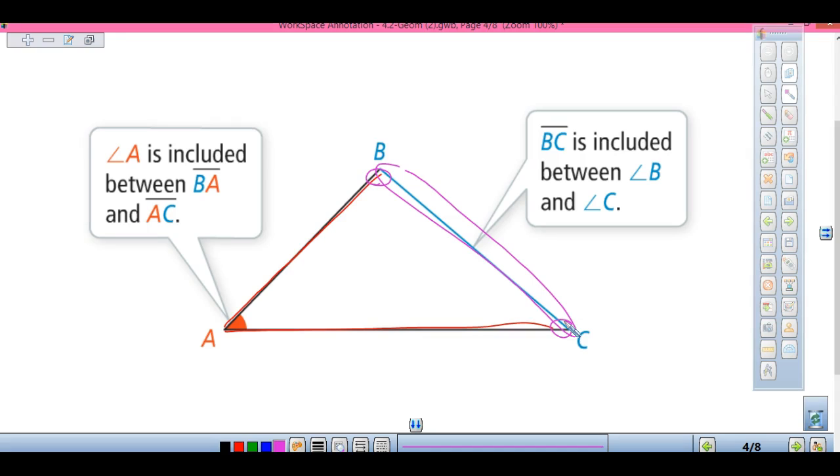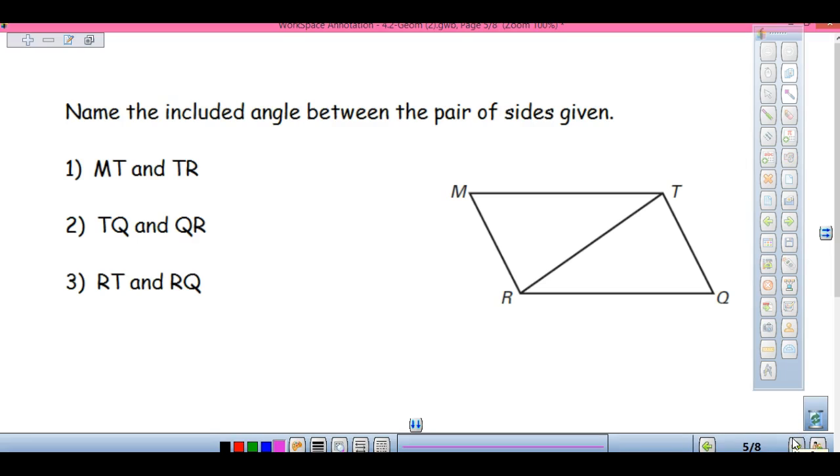So right now we're just talking about included sides or included angles. In this case the included side is BC, because it's between angle B and angle C. Okay, let's talk about this. We've got sides MT and TR. Between these two sides, what's my included angle?